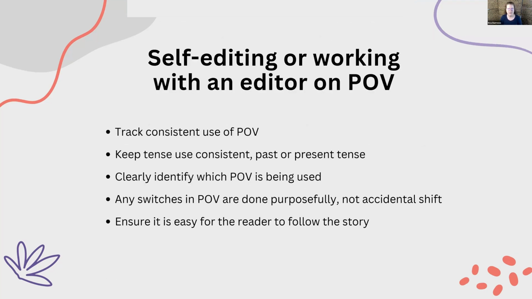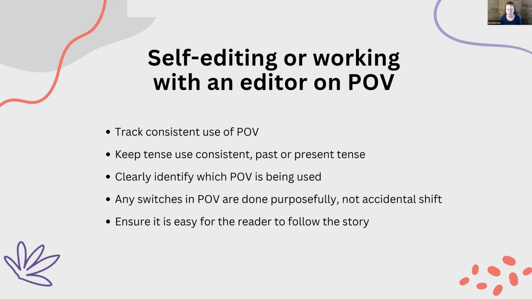And then when you're self-editing, or even if you want to work with an editor on point of view, things to look out for would be tracking that consistent use of point of view, until you have your clear spot where you're going to switch if you do switch. Keep the tense use consistent, keep it in the past or the present tense.